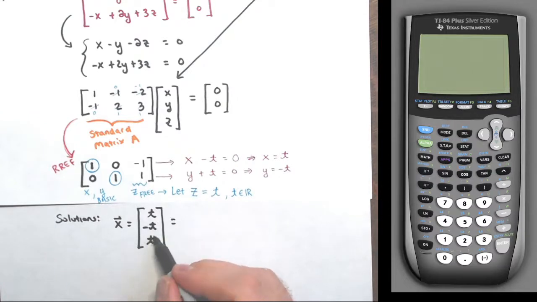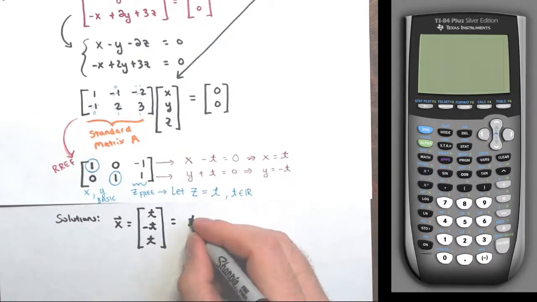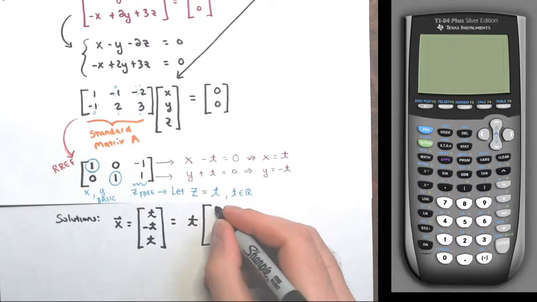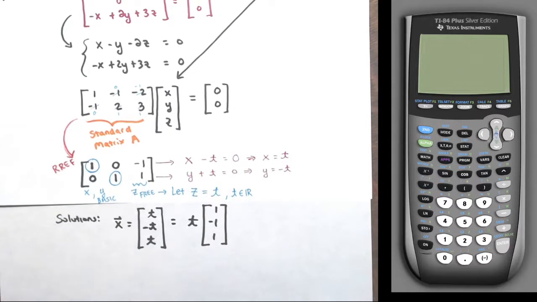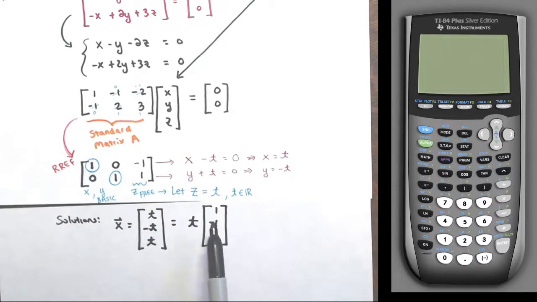Or if you'd like, they all have the scalar t in common, t times the vector 1, -1, 1. So what we're seeing is that every solution to this equation, every vector that maps to the 0 vector, is a scalar multiple of 1, -1, 1.